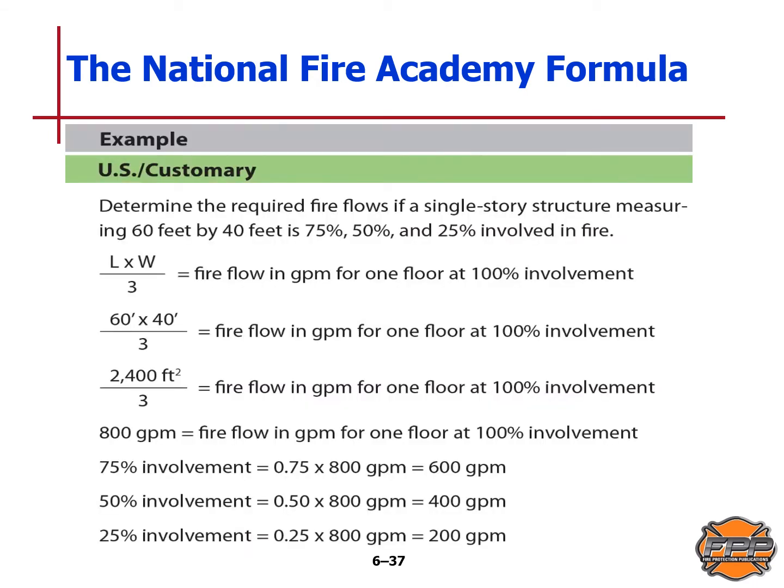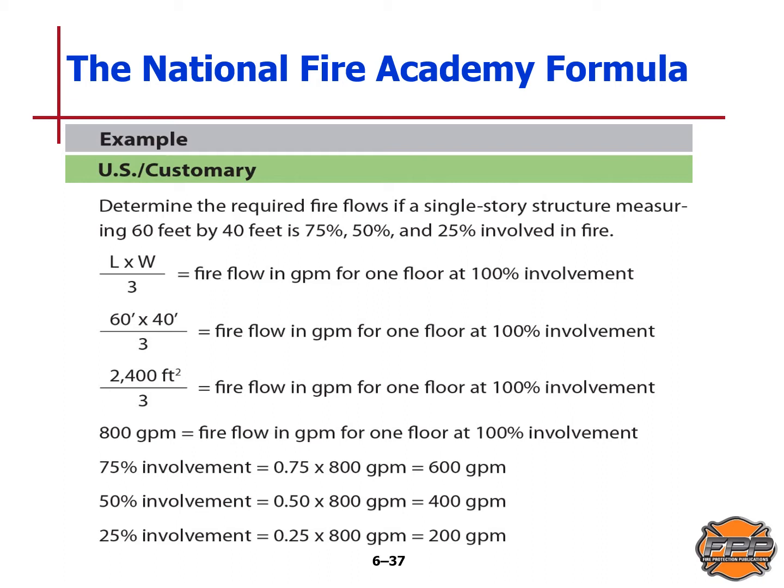So here's an example of that. Determine the required fire flows if a single-story structure measuring 60 by 40 is 75, 50, and 25% involved in fire. You take your length times width, 60 times 40, divided by 3, which gives you the standard fire flow in gallons per minute for the whole floor at 100% involvement. So work out your fraction, which is 2,400 square feet divided by 3. That gives you 800 gallons per minute of fire flow for 100% involvement.